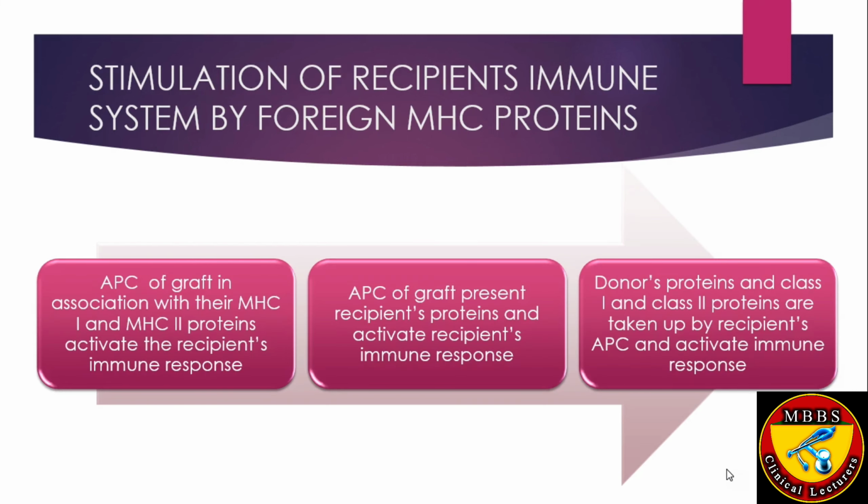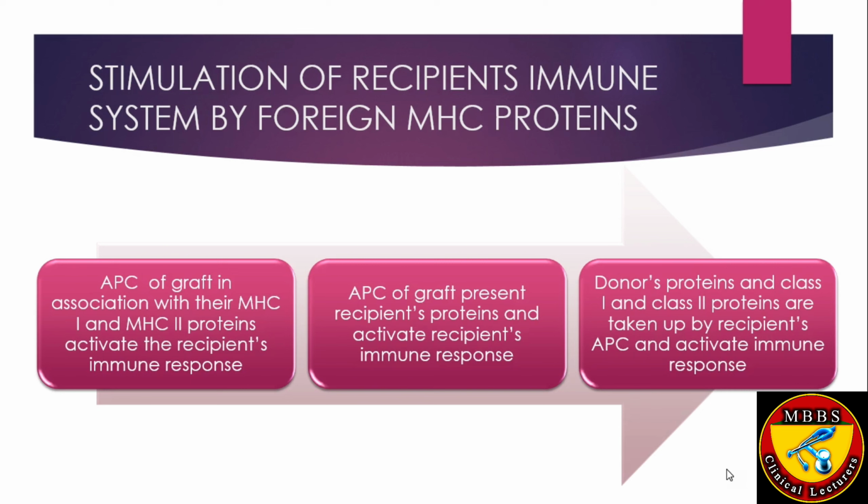Okay, so the stimulation of the recipient's immune system by foreign MHC proteins: antigen presenting cells of the graft, in association with their MHC class 1 and class 2 proteins, will activate the recipient's immune response. The second possibility is that APCs of the graft present the recipient's proteins and activate the recipient's immune response.